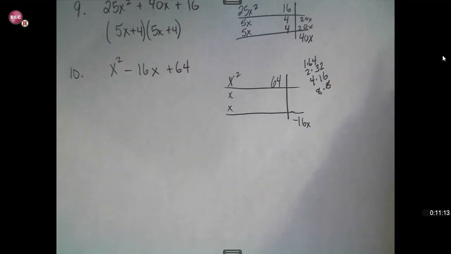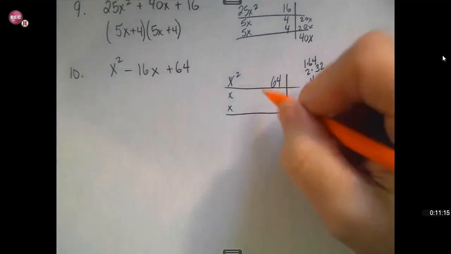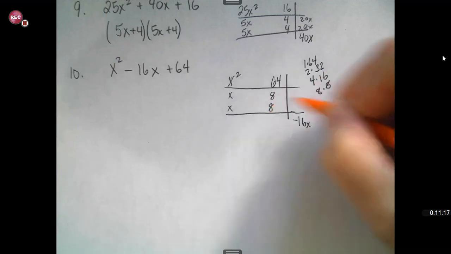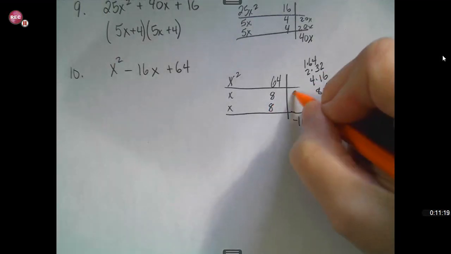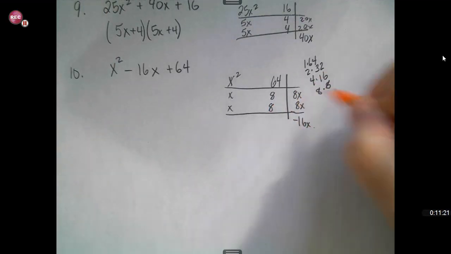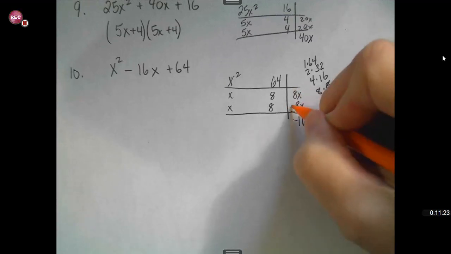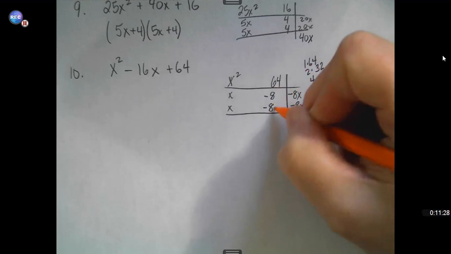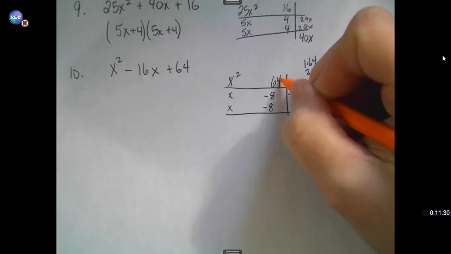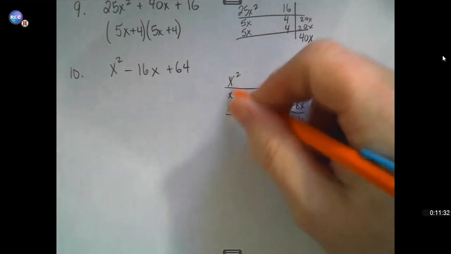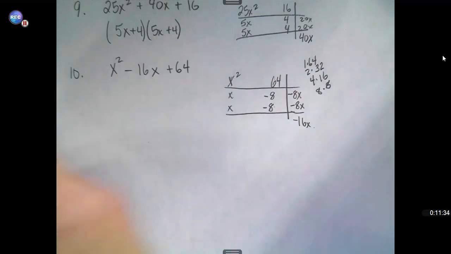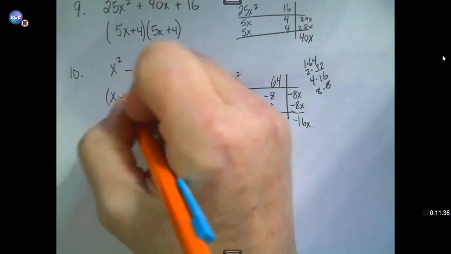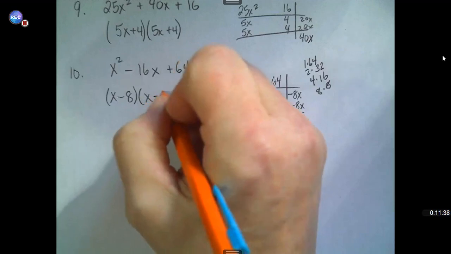I believe that's it. And I think it's going to be 8 and 8 to make 16. 8x, 8x. And I want negative 16, so they both need to be negative, which is good, because if they're both negative, when I multiply up, I'll get positive 64, which is what I'm supposed to get. So everything checks out, and I get the quantity x minus 8 times the quantity x minus 8.